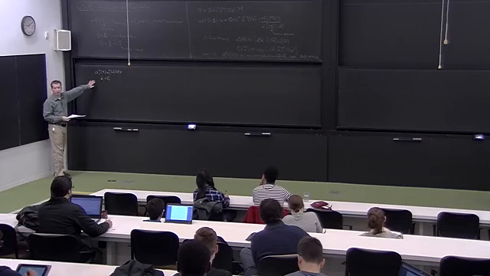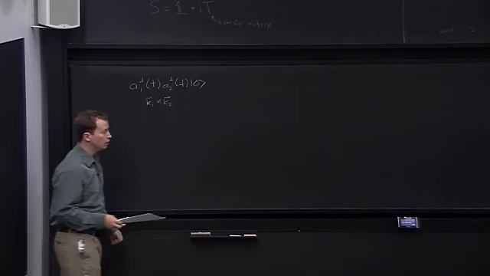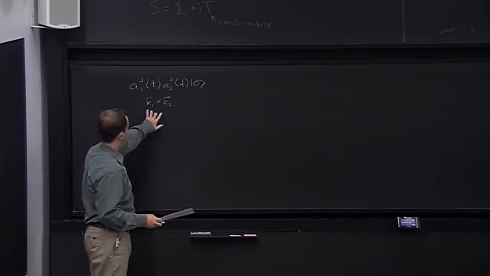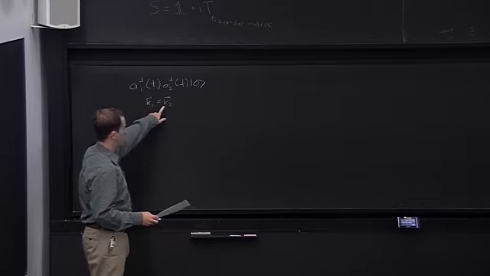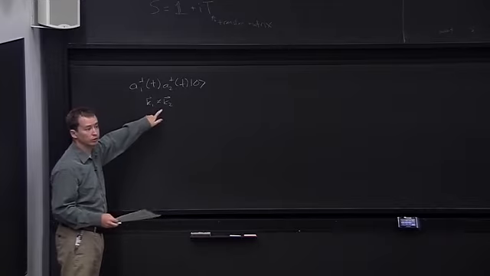So what is this state going to look like? Here we've got a two-particle state, and these two particles have reasonably well-defined momentum. They're centered around the momentum of k1 and k2.